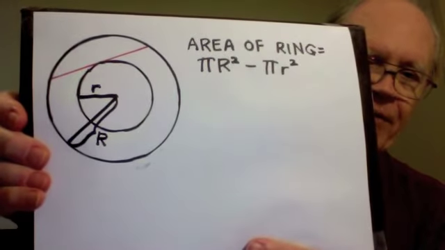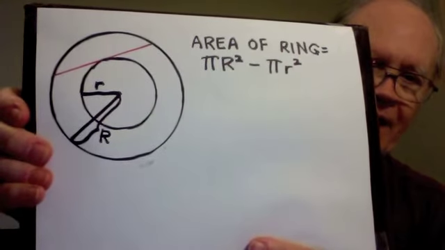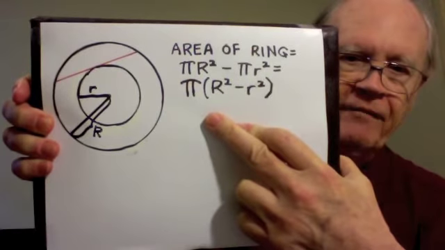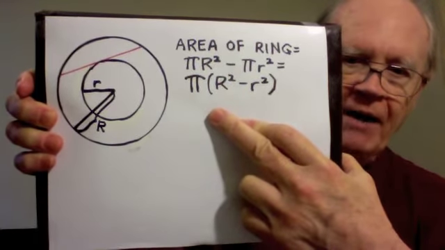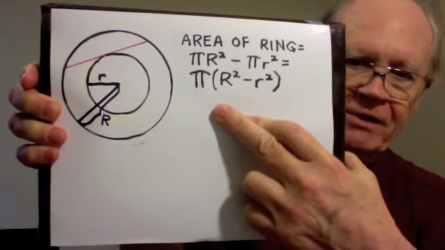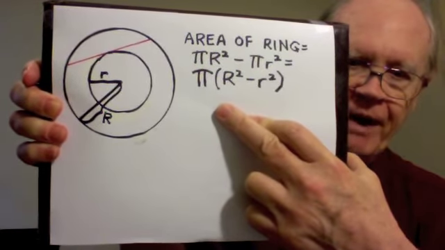And that means the area of the ring is pi times capital R squared minus pi times lowercase r squared. I can factor out the common factor pi and write that as pi times capital R squared minus lowercase r squared. That's the area of the ring.